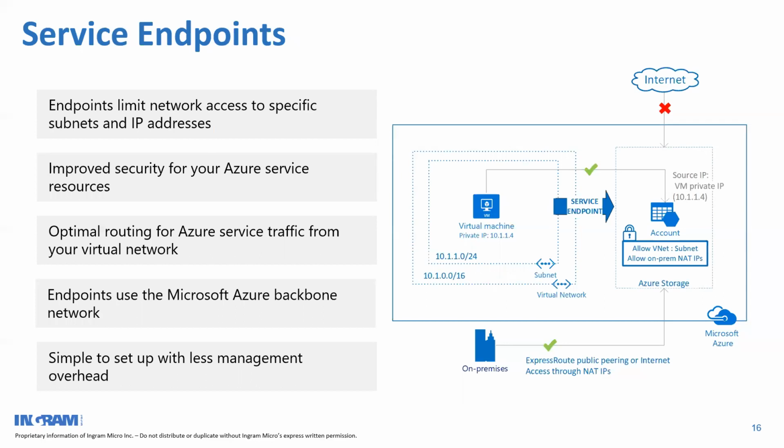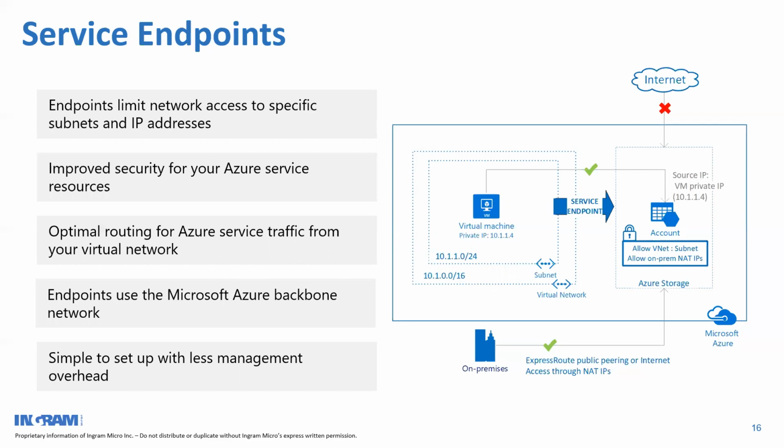Service endpoint basically allows you to access Azure platform as a service over a public IP. In this scenario, the public IP is associated with the platform as a service. Every Azure platform as a service, especially things like storage and database, has public IP addresses.